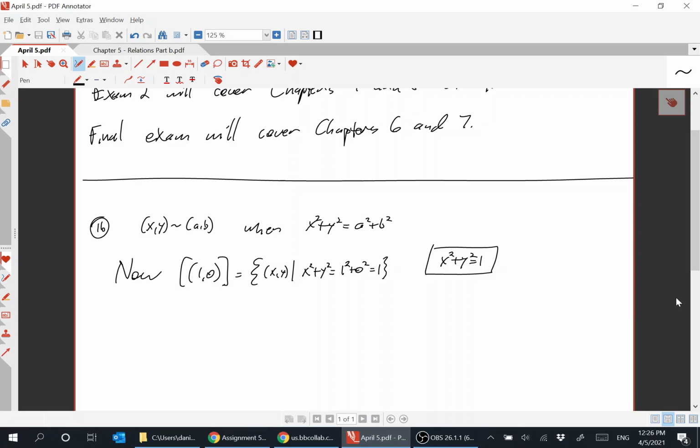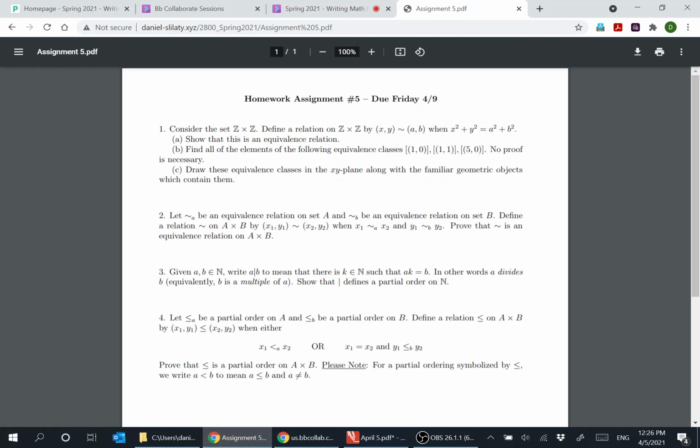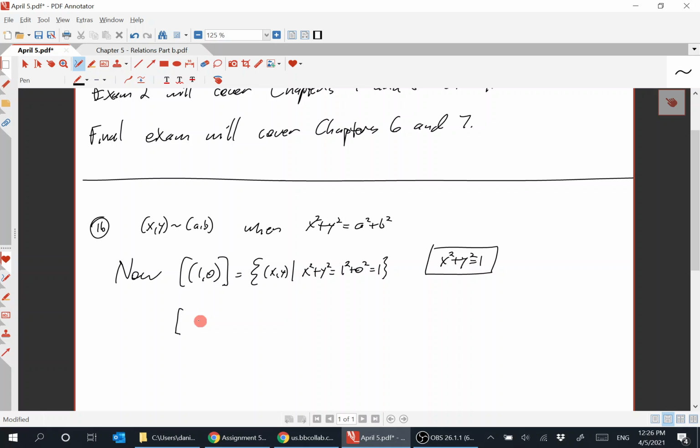All right. And then there's the other points. So there's 3 equivalence classes that were asked about. The 1, 1 equivalence class: x squared plus y squared is equal to 1 squared plus 1 squared, which is 2.